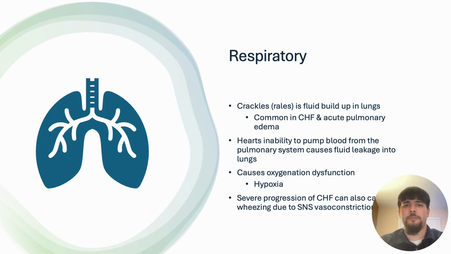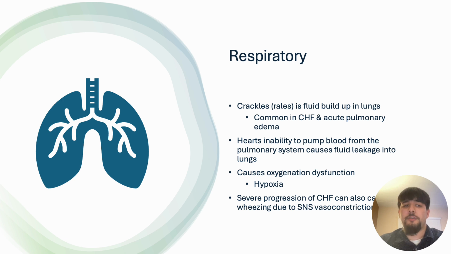So in this slide, we're going to be talking about congestive heart failure's effect on the respiratory system. The most common effect it has is it causes rales in the lungs, and this is due to fluid buildup in the lungs. It is very common in congestive heart failure and acute pulmonary edema. This is due to the heart's inability to pump blood from the pulmonary system, and it causes fluid leakage into the lungs.